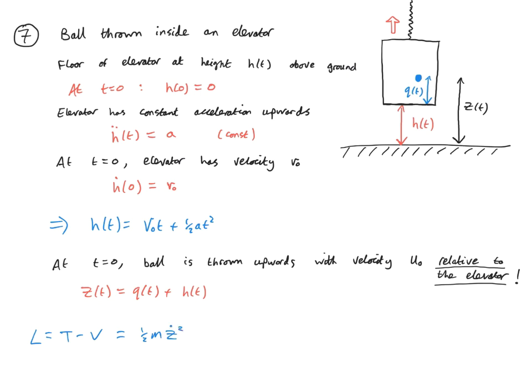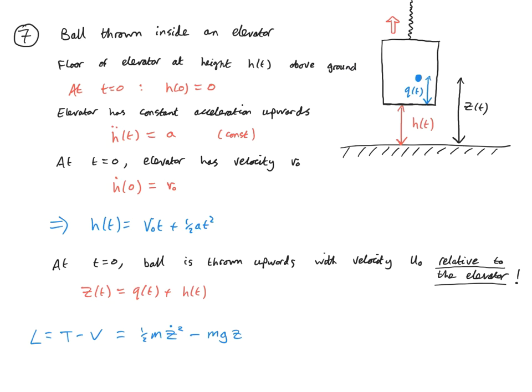This is the velocity of the ball relative to the ground, minus the potential energy, which is simply mg, and then the vertical displacement above the ground, which is mgz. This is the Lagrangian in a generalized coordinate z, describing the displacement of the ball above the ground.